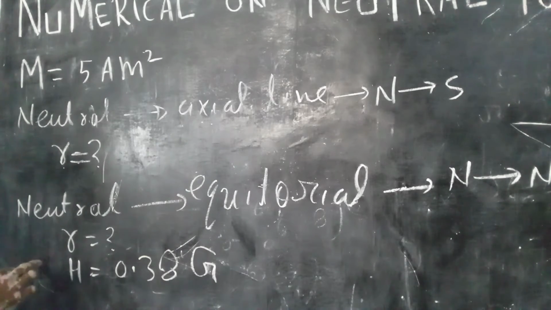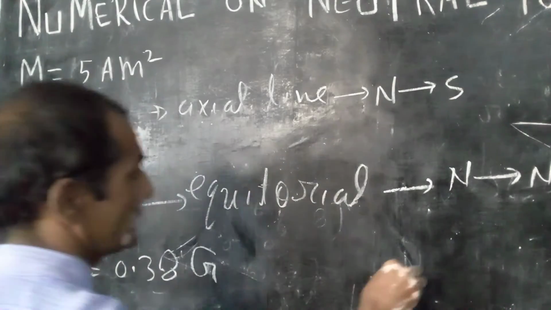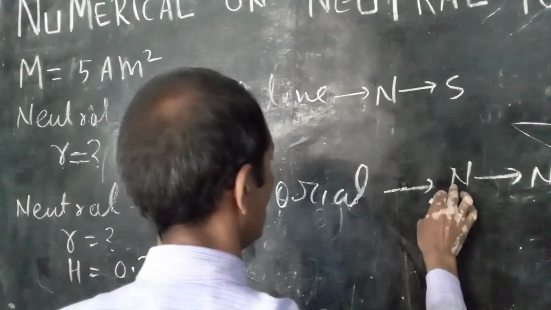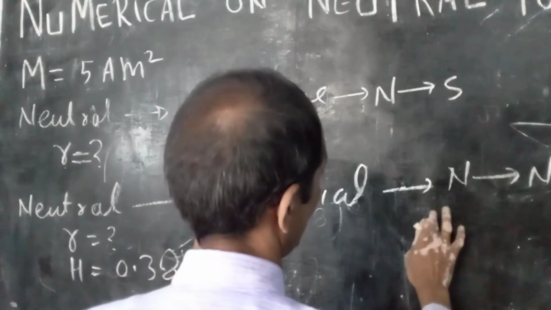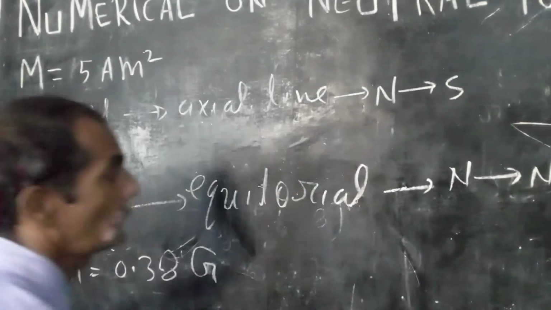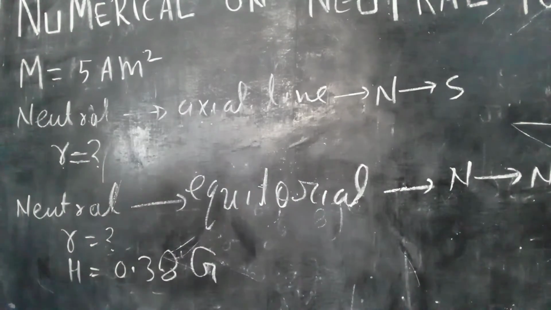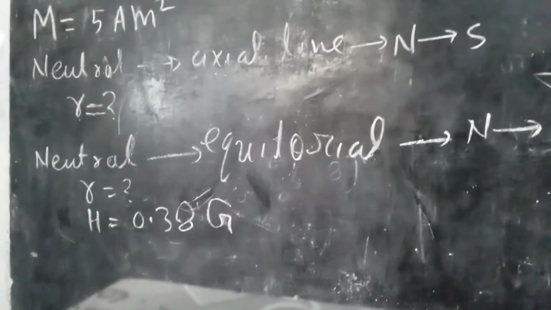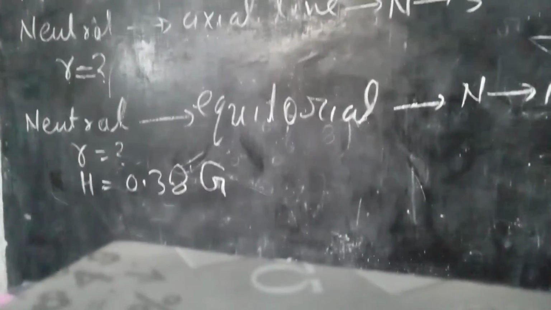When the magnet is placed in the magnetic meridian such that its north pole is pointing toward the north of the Earth, then the neutral point is obtained on the equatorial line.